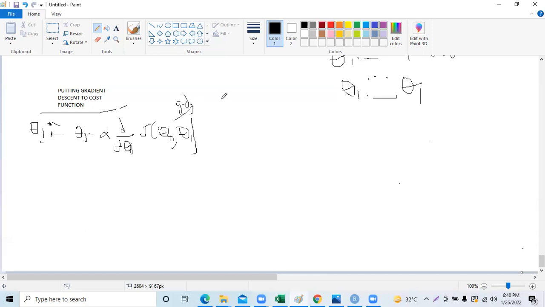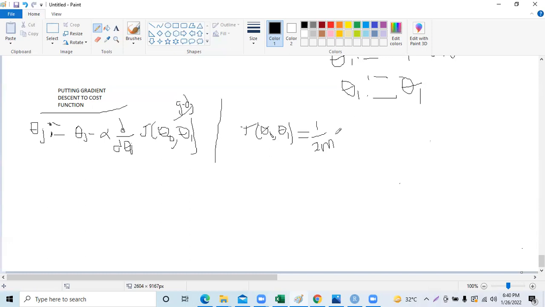Now our cost function on the other hand is J of theta 0 and theta 1 equals 1 over 2m. Don't forget, m is the number of training examples.